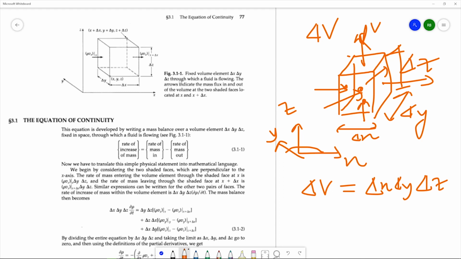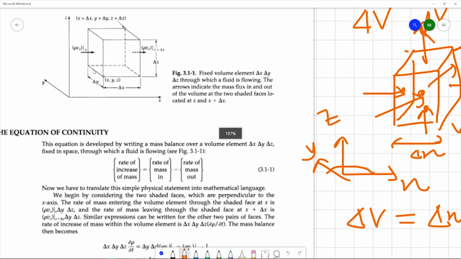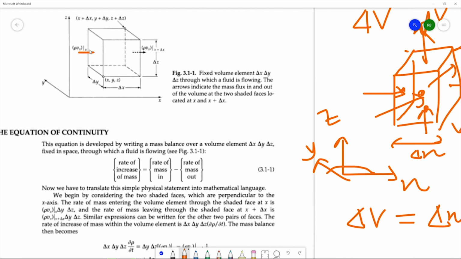You can also see in this diagram, it comes in and goes out at x plus delta x. Similarly in the y direction, it comes in here and goes out at this face. In the z direction it comes in here and goes out in this direction.